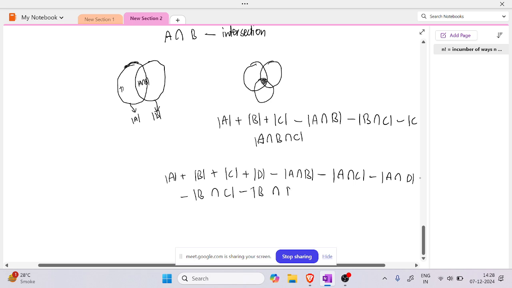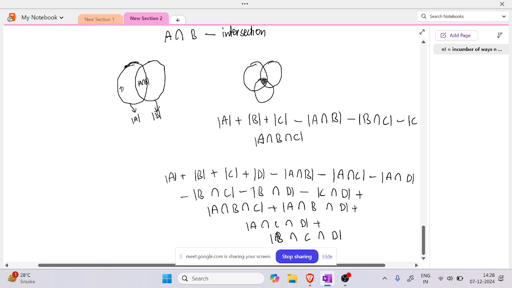So it is like this. Basically, this is not that easy to see using Venn diagrams, so we will try to prove it generally for n sets using binomial theorem.